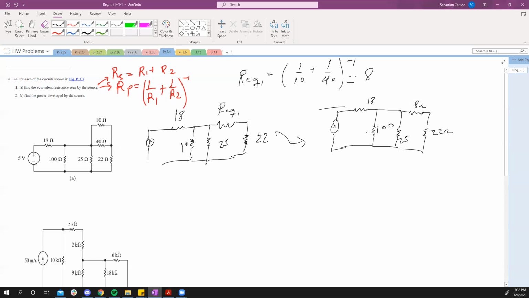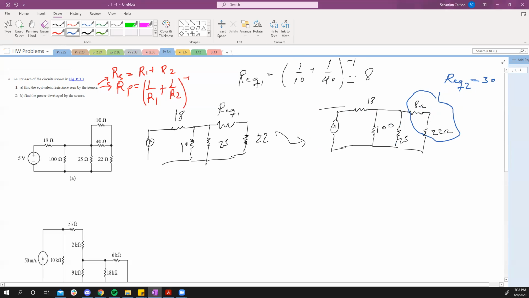I'm going to try to not redraw it as much. I'm just going to surround them. So 8 plus 22 is 30. I call it equivalent resistance 2, which is equal to 30.